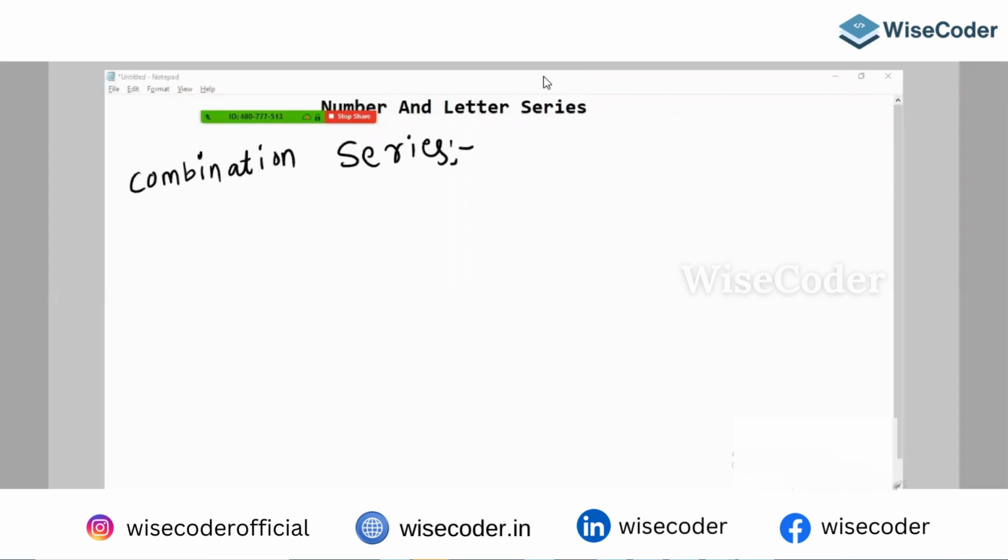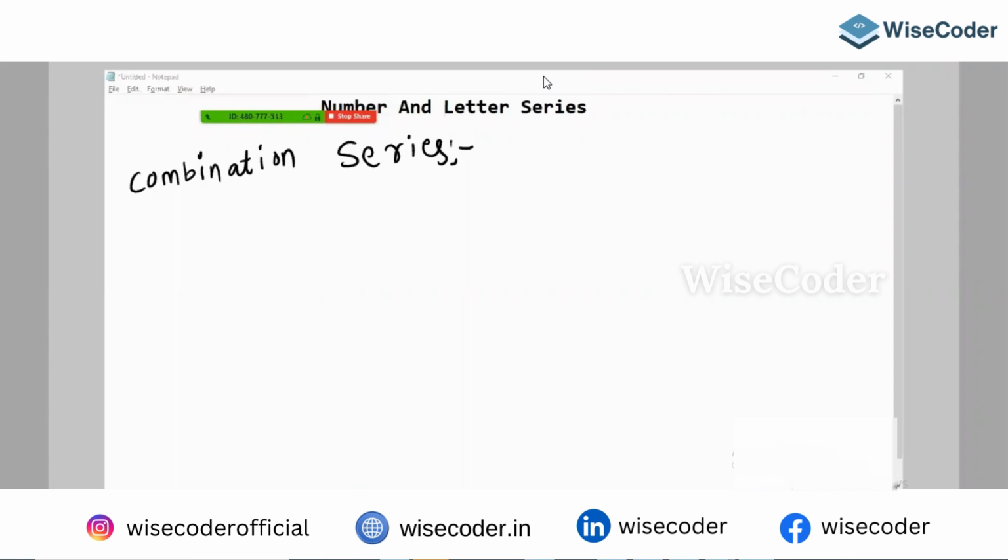Please write down, everybody: a number series which has more than one type of arithmetic operation performed, or more than one series combined together, is a combination series.